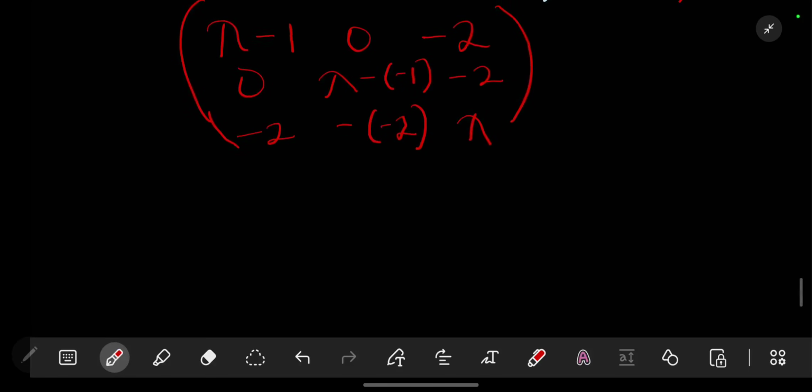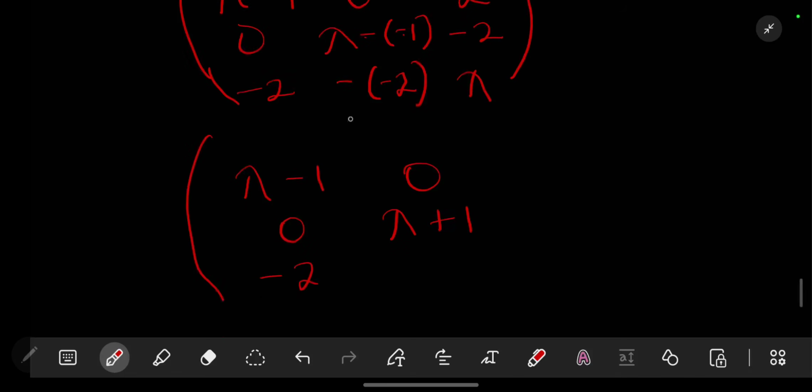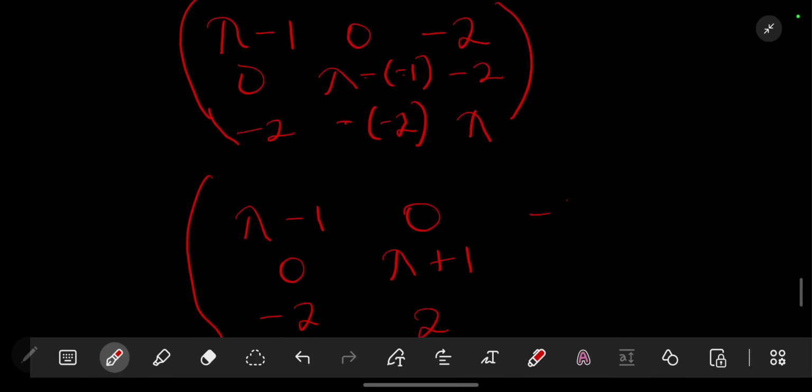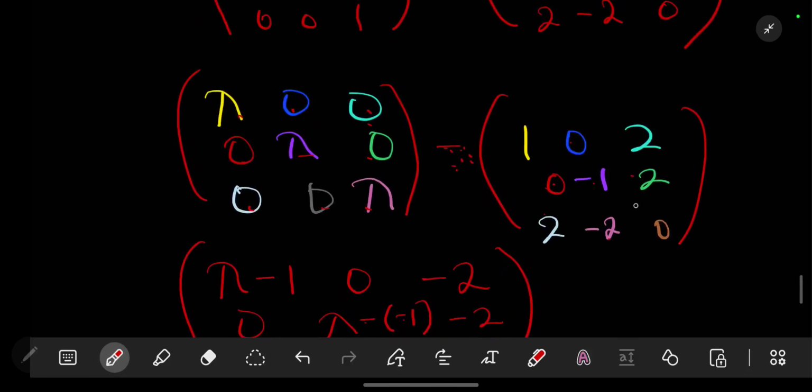So we are going to have something like this: lambda minus 1, then 0, negative 2, we have a 0, then we have lambda, negative by negative is positive 1, then negative by negative is positive 2, then we have our negative 2. Okay, let's see.